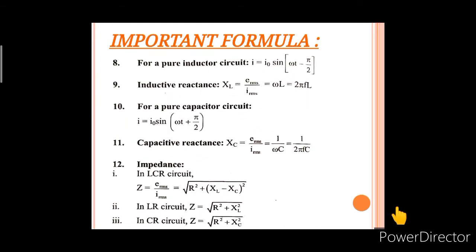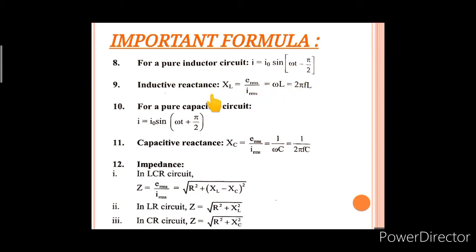The next formula is for a purely inductive circuit. For a pure inductor circuit, the current is given as I0 sine omega t minus pi by 2.